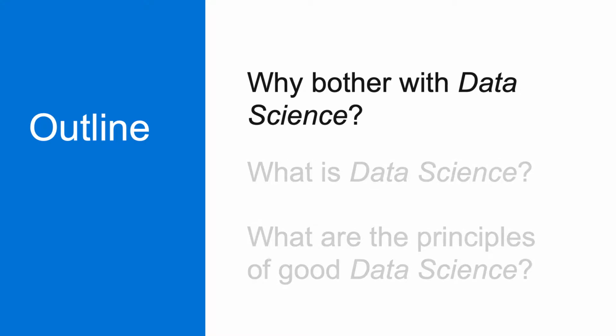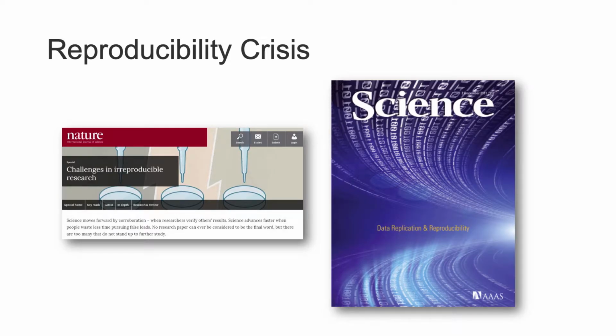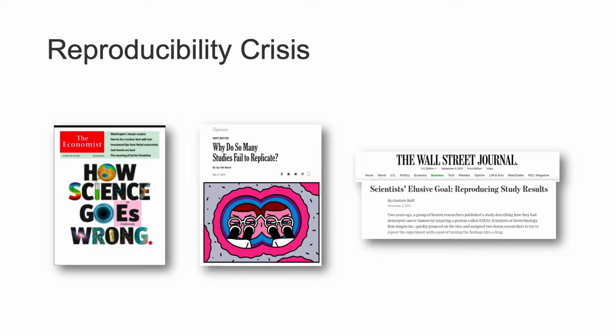So why bother with data science? Some of you might be aware, just from the lay press or even the scientific press, that we are in a period that's been called a reproducibility crisis. So we've seen this phenomenon play out both in the scientific press, with prominent journals taking notice of this so-called crisis, but also the lay press keying in on this.